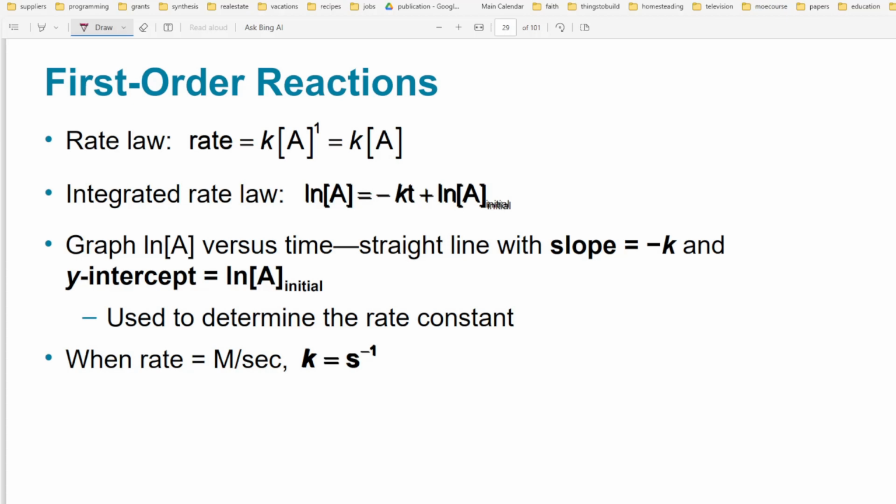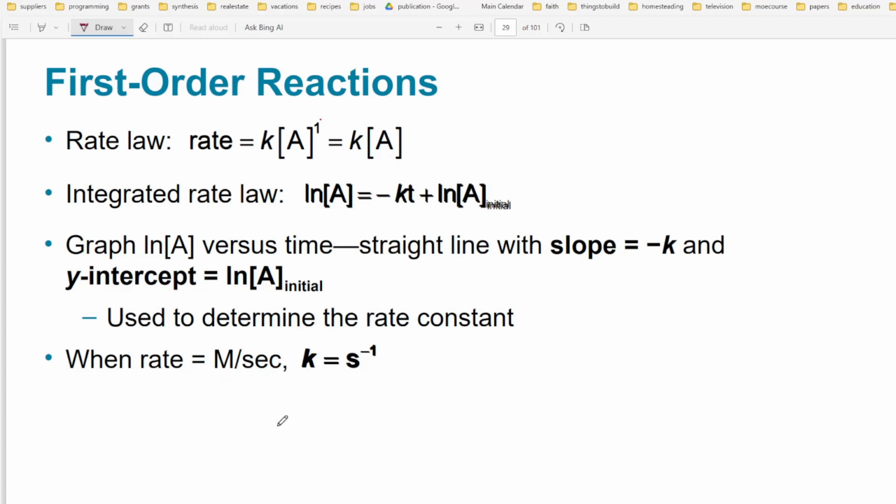For a first order reaction, we have the rate law where the rate is equal to k times A raised to the first power, as we mentioned earlier. If we integrate that rate law with respect to time, we get ln[A] is equal to negative kt plus ln[A]initial, where [A]initial is equal to the initial concentration of A. If we graph ln[A] versus time, we get a straight line with a slope equal to negative k and a y-intercept equal to ln[A]initial, and we can use this to determine our rate constant.